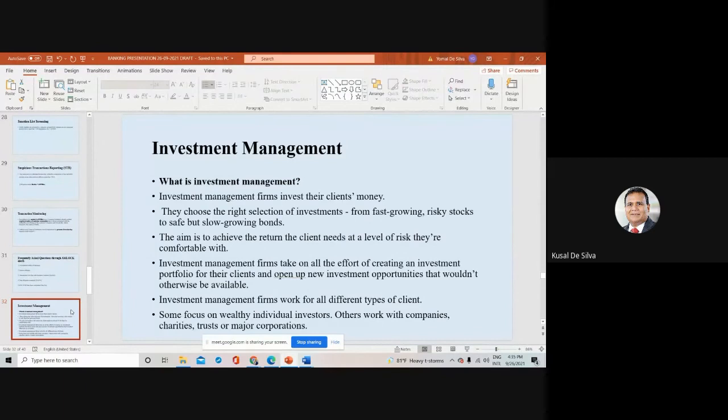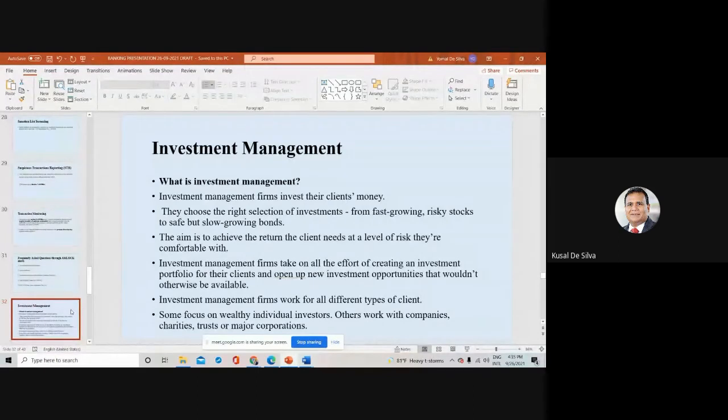The aim is to achieve the return the client needs at a level of risk they are comfortable with. This is very, very important. Different clients, different customers, have different risk appetites. Identifying that risk appetite is key, because some customers are generally risk takers.